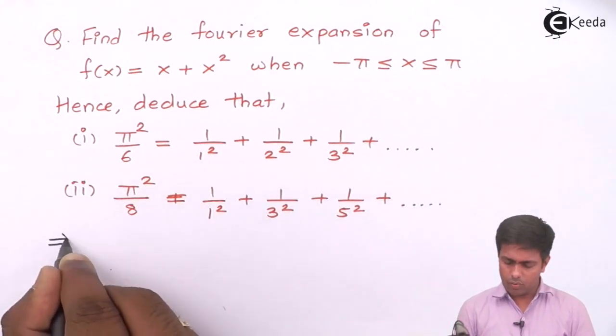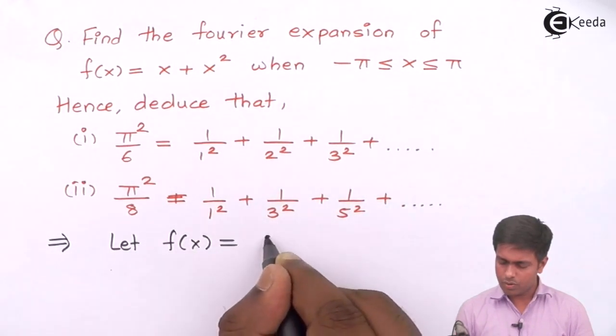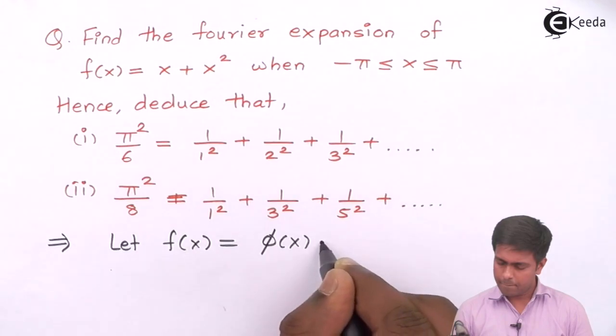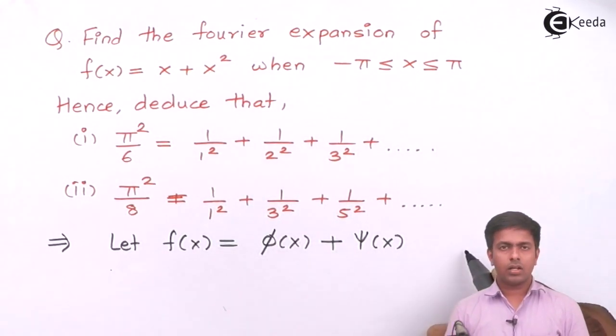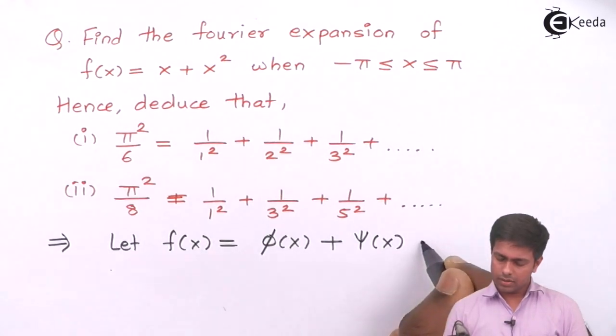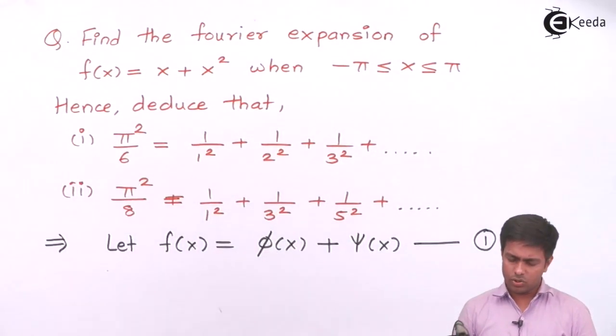So here I'll say let f of x is equal to phi of x plus psi of x, equation number 1. Now let's solve it for phi of x.